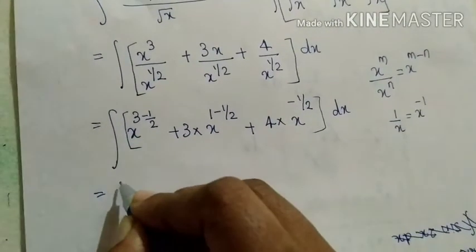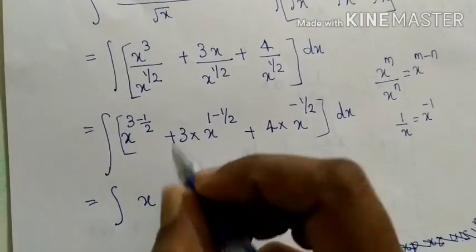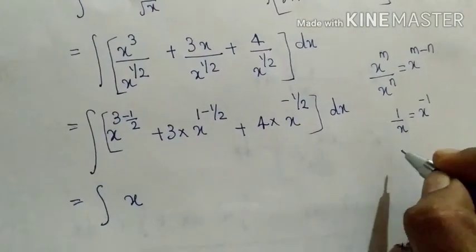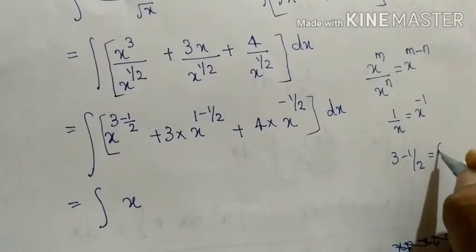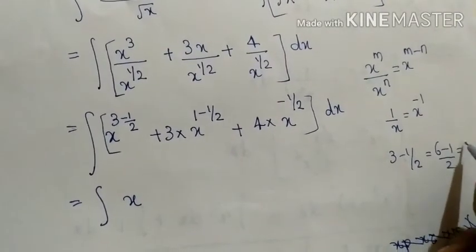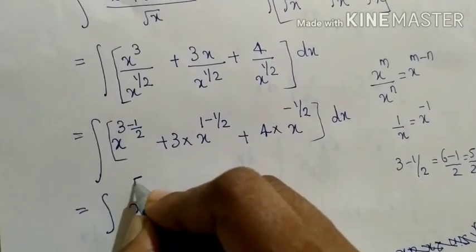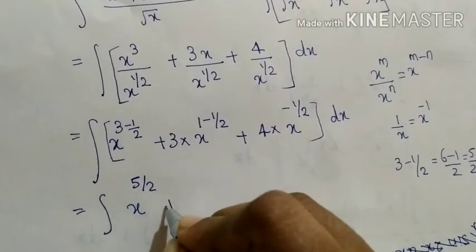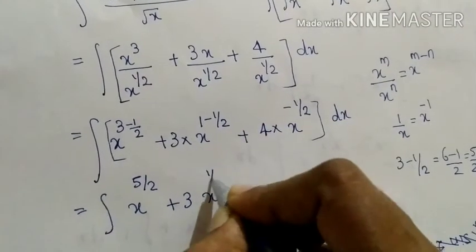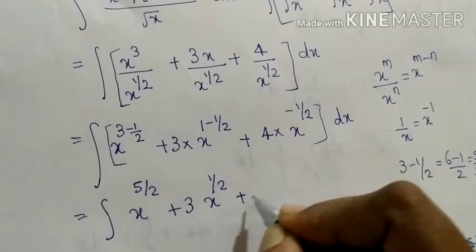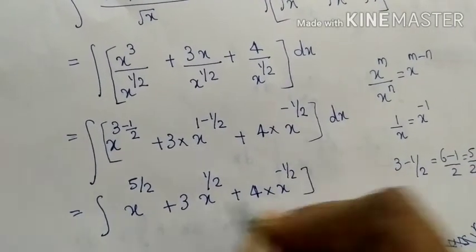So next we need to find these values, that is x^(3 − 1/2). 3 − 1/2, cross multiplying, we get (6 − 1)/2, that is 5/2. So here we get x^(5/2) plus 3 times x^(1 − 1/2), which means x^(1/2) here, plus 4 times x^(−1/2) here.